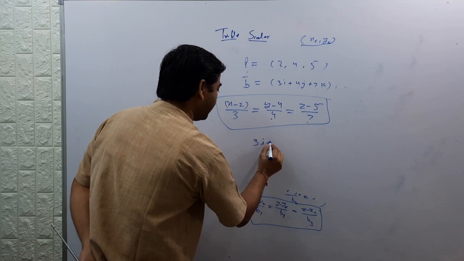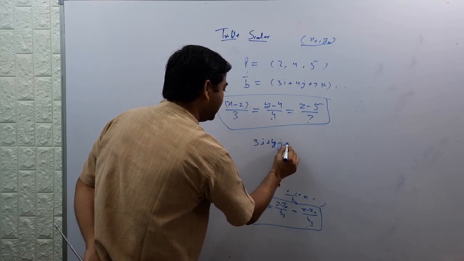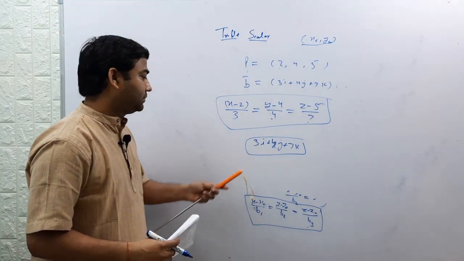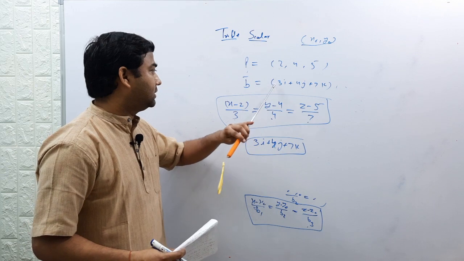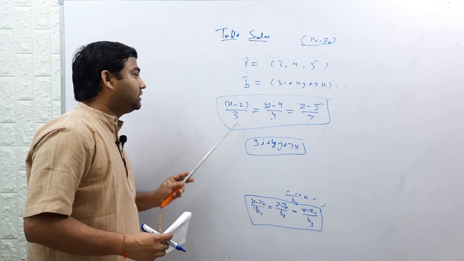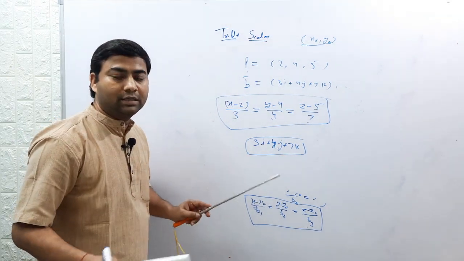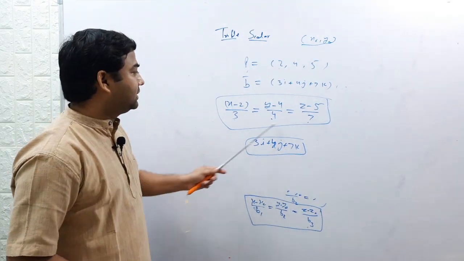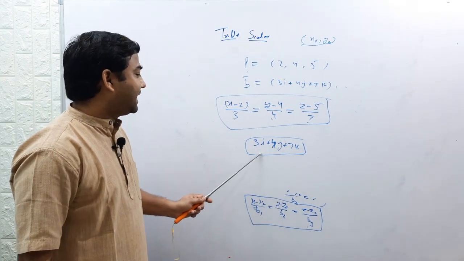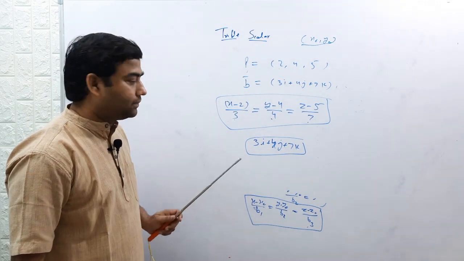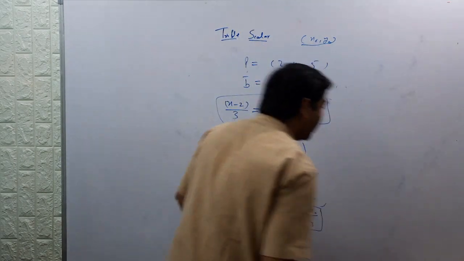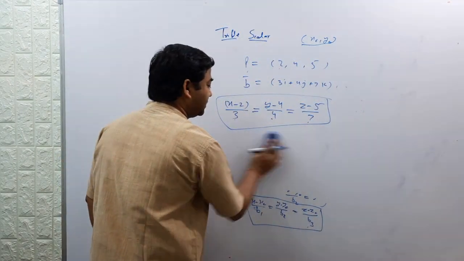So 3i plus 4j plus 7k is a vector parallel to the line. Just by seeing the symmetric equation, if nothing else is given, 3, 4, 7 are the coefficients of the vector which is parallel to this line, and 2, 4, 5 are the coordinates of the point from which the line is passing.